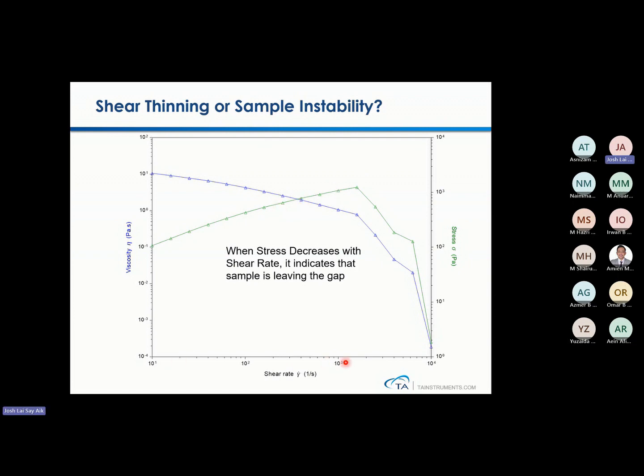So from 10 to 1000, this particular range you can still use. But when it starts to drop, it means your sample is leaving the gap, and you're measuring only air, an empty sample. Because when you increase the shear rate, the shear stress is supposed to increase. So this is how we normally check whether the data is still okay or not.